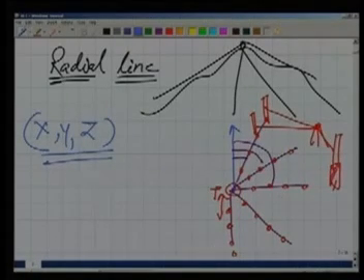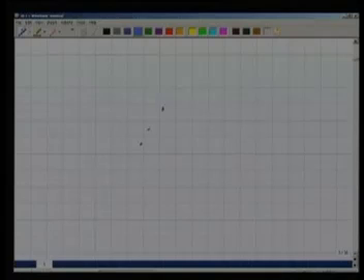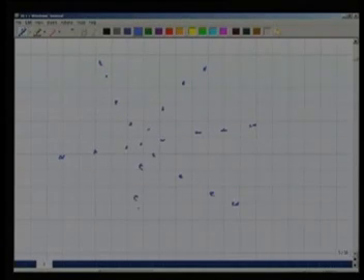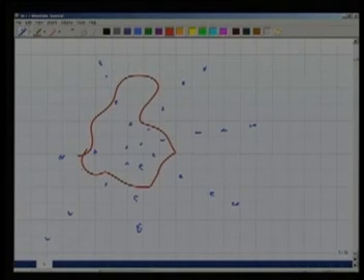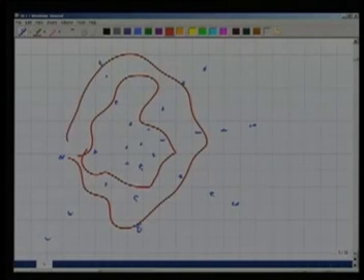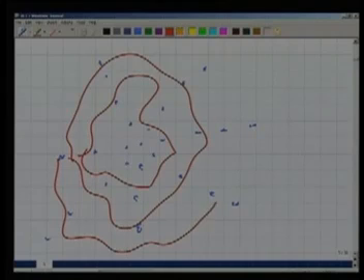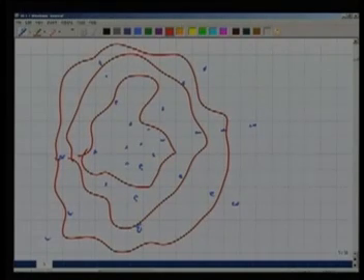So we end up with several points, and all these points are in radial directions. For all these points, we know their spot elevation. The next job will be using these points to draw the contours, using any method of interpolation. As we have seen before, we can draw the contours here. So this is our radial line method.